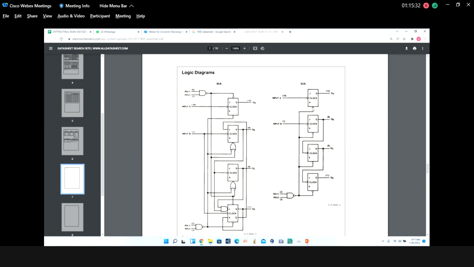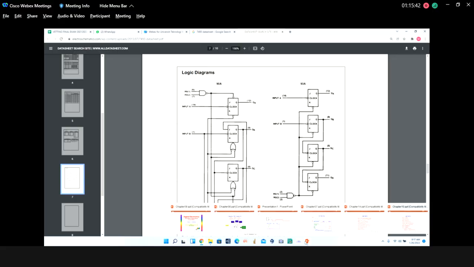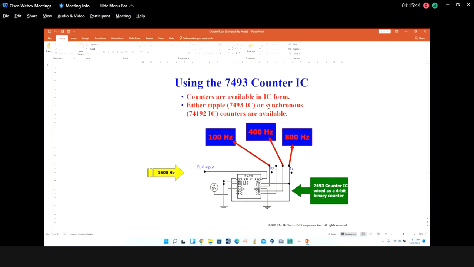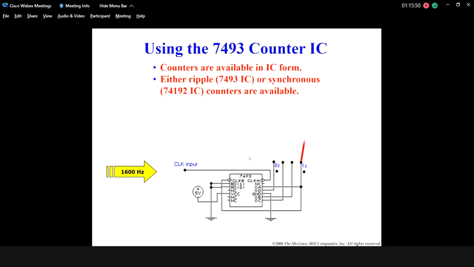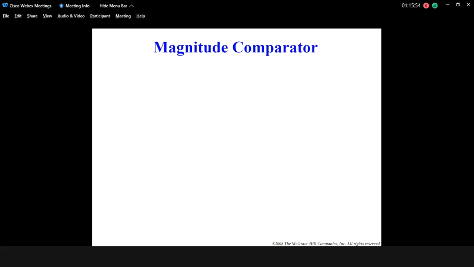But clear we need to set at high. So this one will behave like a counter and it will run in toggle mode. So we can use this IC for frequency division too.